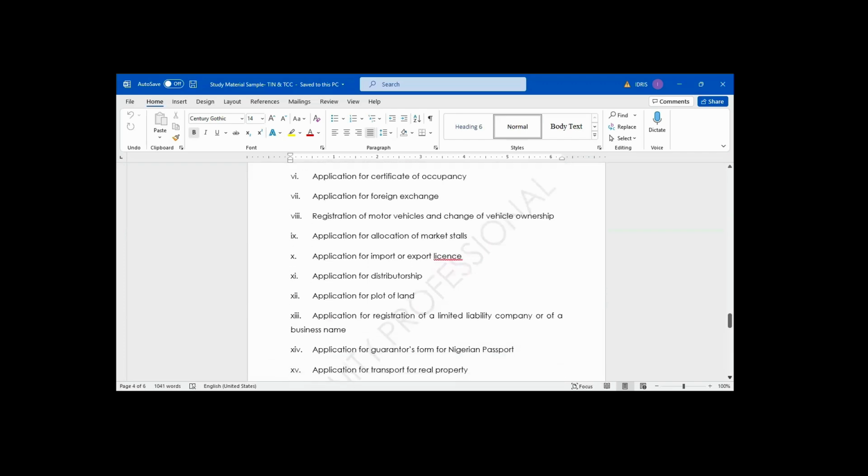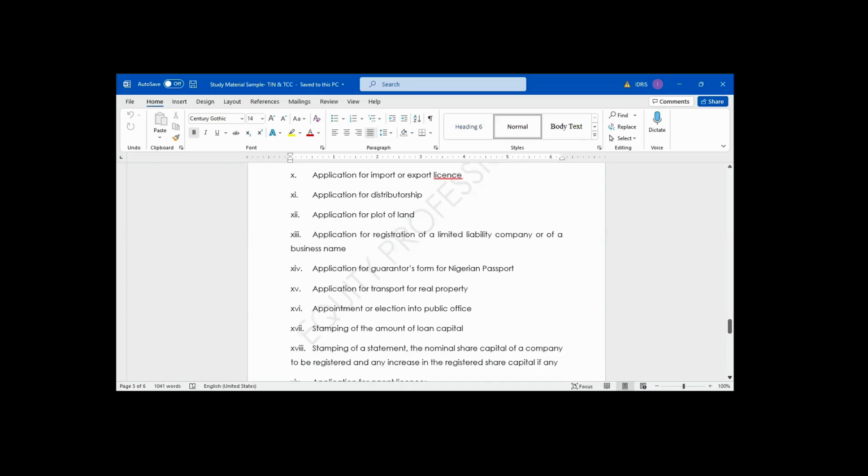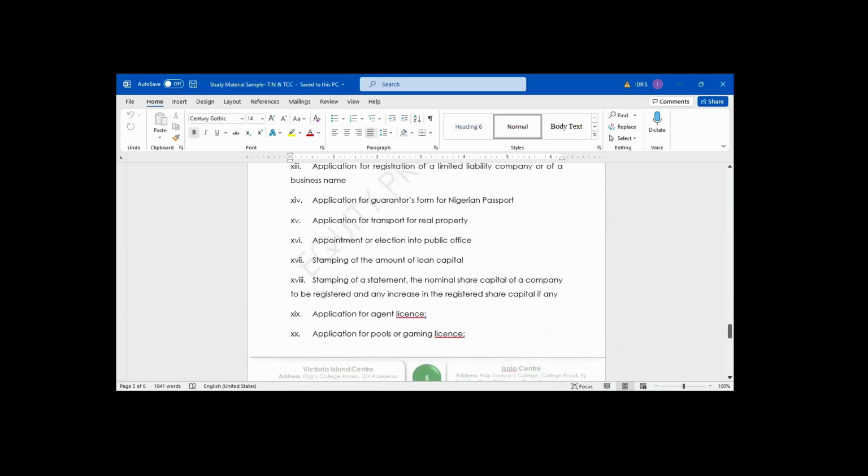Application for import and export license. You need import or export license, they'll ask for your tax clearance certificate. Application for plot of land. You want to buy a plot of land, government allocated land, they'll ask for your tax clearance certificate. Application for increase in share capital. You want to increase your share capital as a company, they'll ask for your tax clearance certificate.